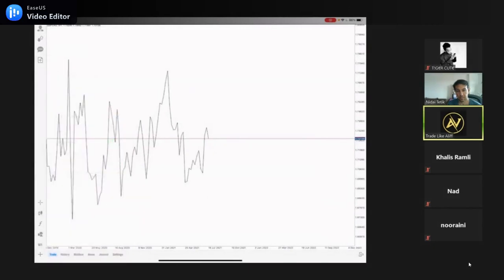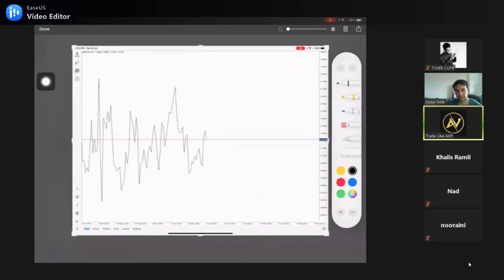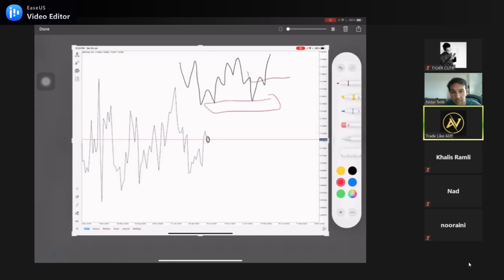So first we go to weekly, and then we open the line chart. We go to our left. Let's say the market is here. Our mission now is to mark your big movements. As I said, we're going to focus here, here, and here.